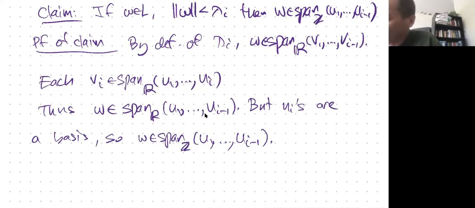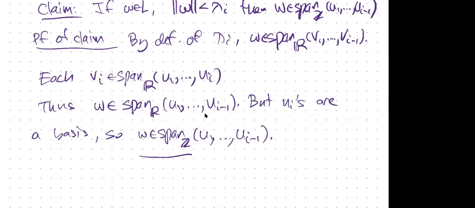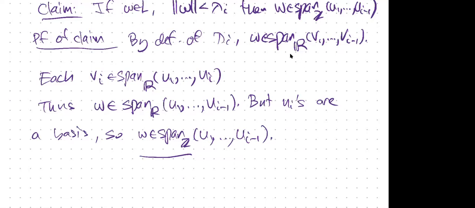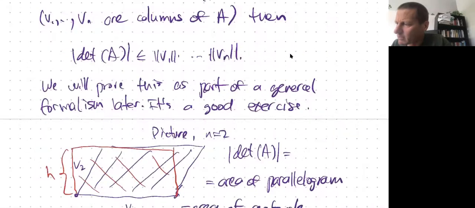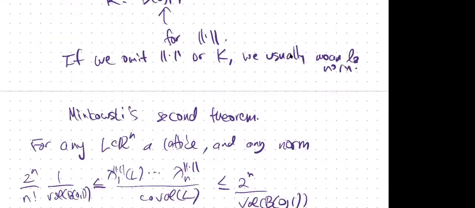So now what I'm going to do is, yeah, is there a question? I have not really a clearly formulated question, but I'm confused about ties. If you have a tie, let me go back to the definition of the lambda i's.